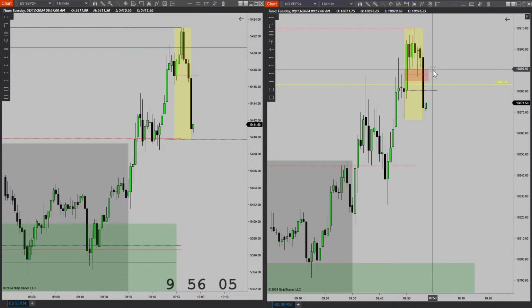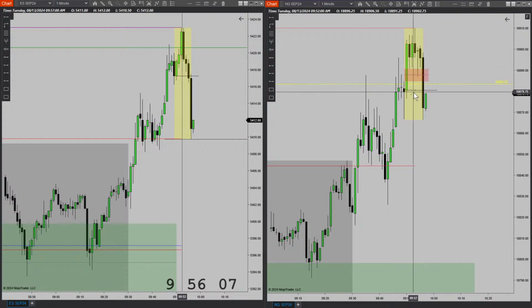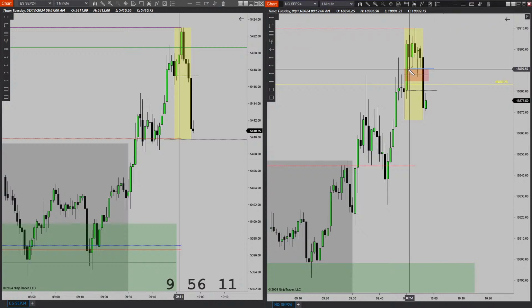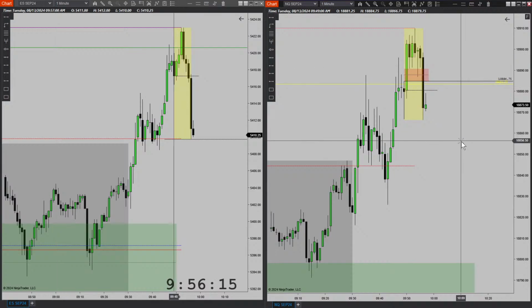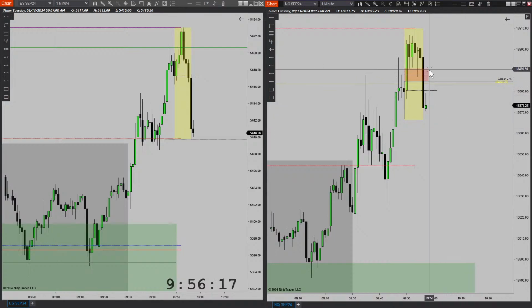My stop is if price closes above this area here. It is just one contract, so I'm not really too concerned if price draws higher up here.